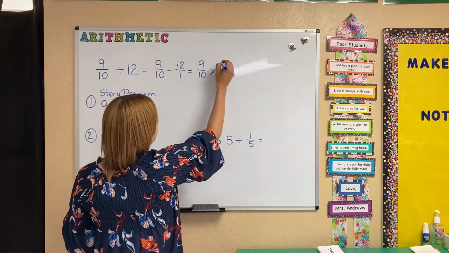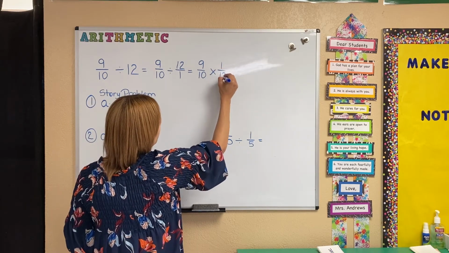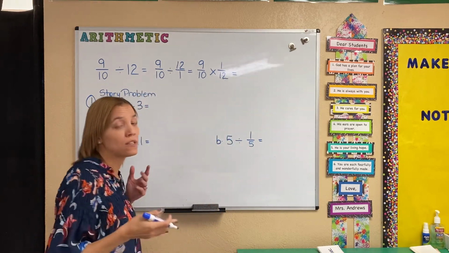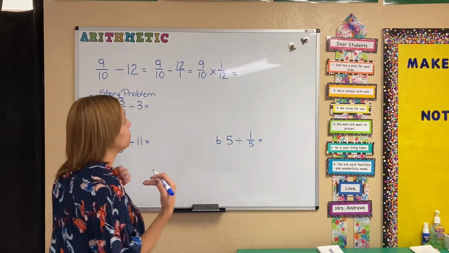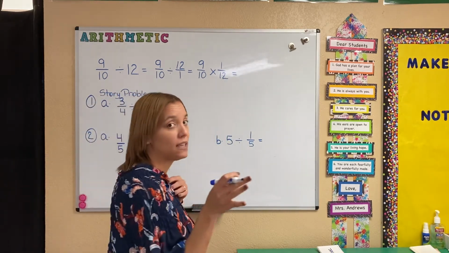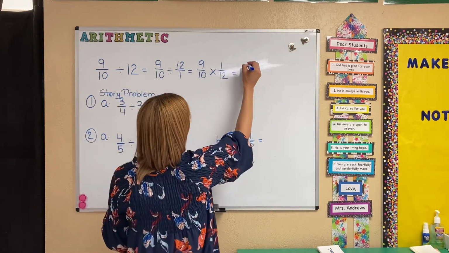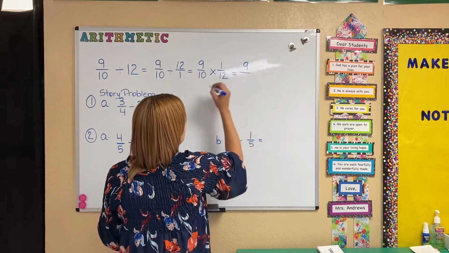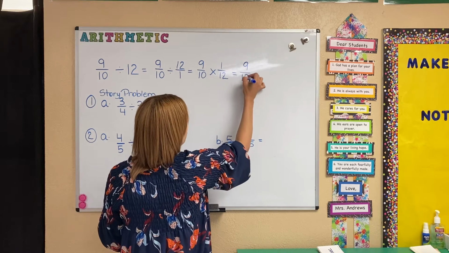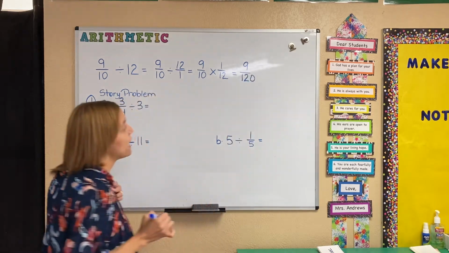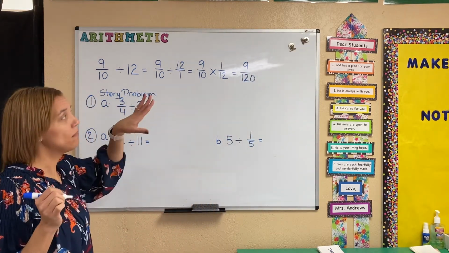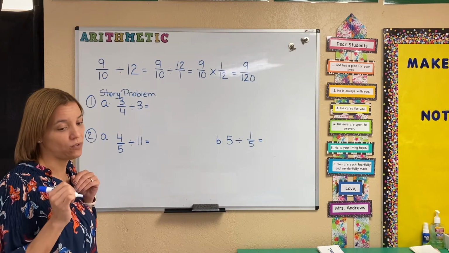So we would do 1 over 12. And this we saw in our previous lesson. So now we just multiply straight across. 9 times 1 is 9. 10 times 12 is 120. So our answer would be 9 over 120.